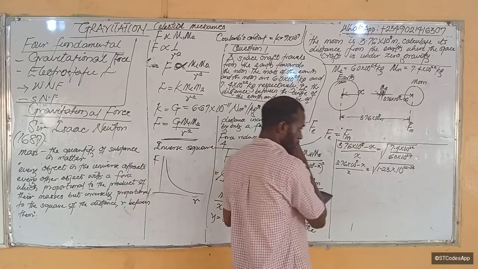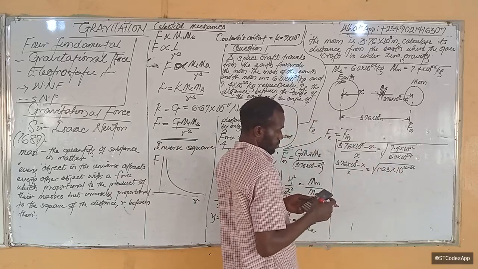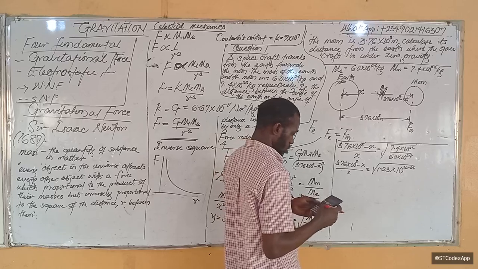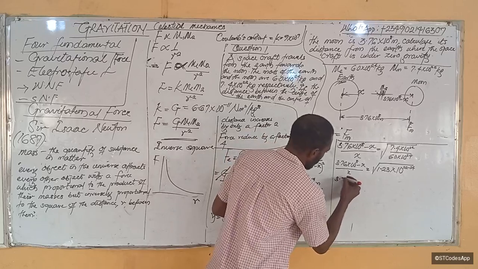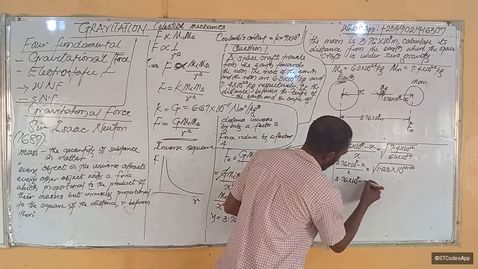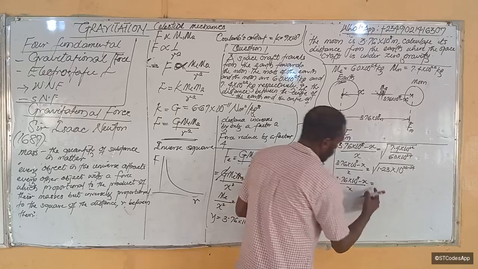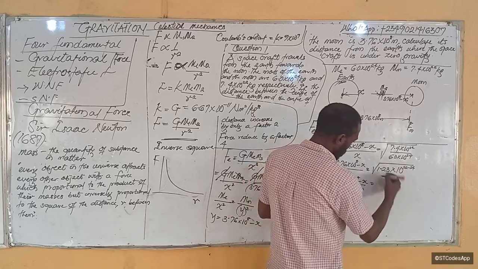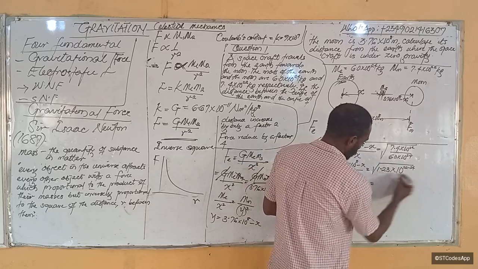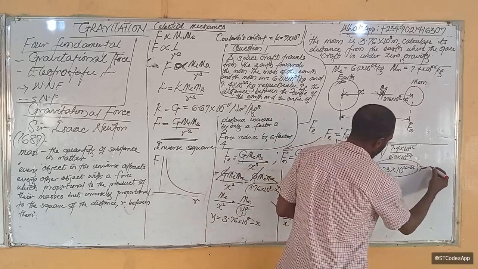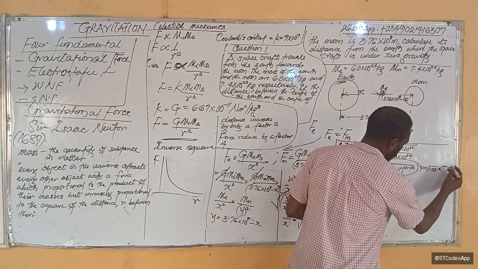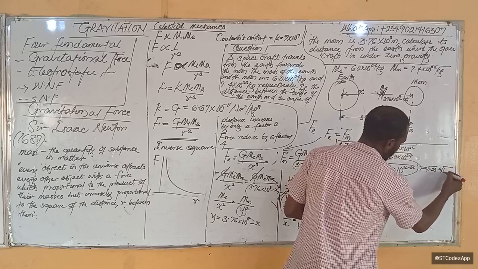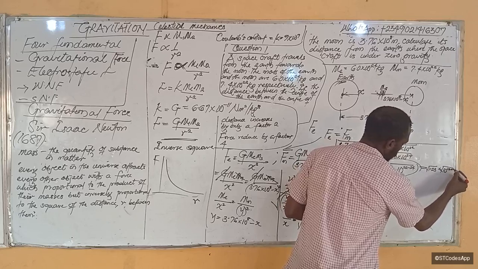Exactly. So that becomes the square root of this. So this thing can become the square root of 1.23 times the square root of 10 raised to the power 22 minus 24.